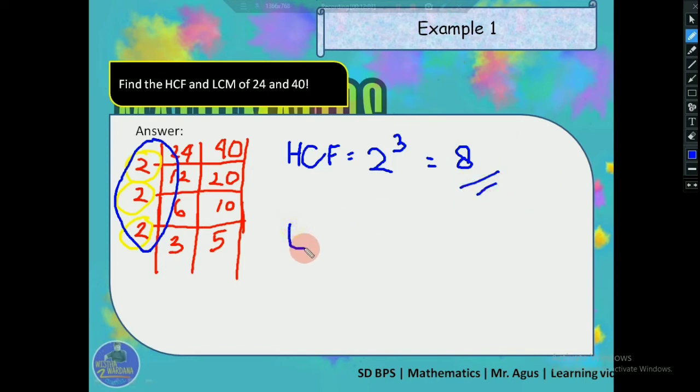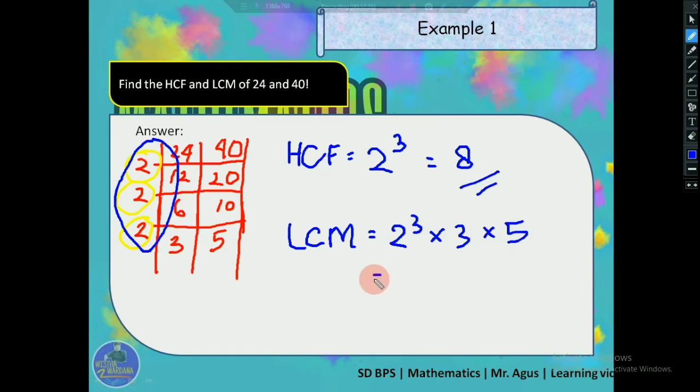How about LCM? For the LCM, you have to use all the prime numbers that were already used to divide both of them. So 2 to the power of 3 again. And then you have to use the other prime numbers, or the remainder, 3 and 5.